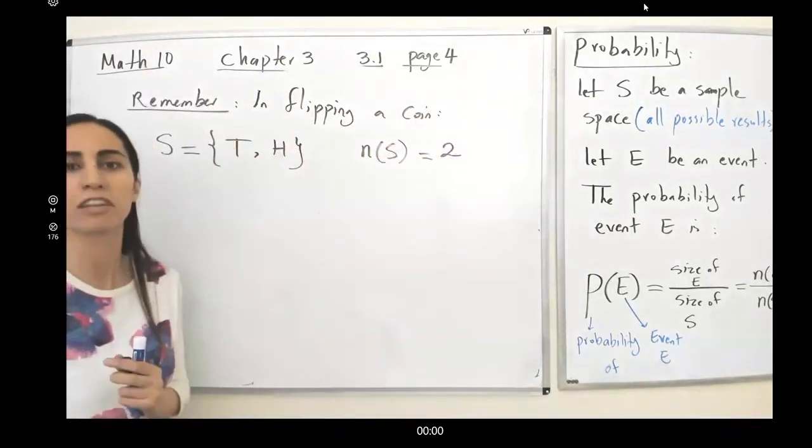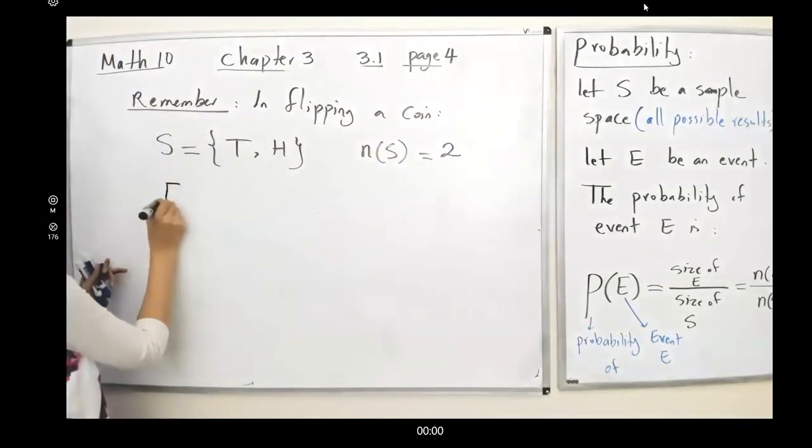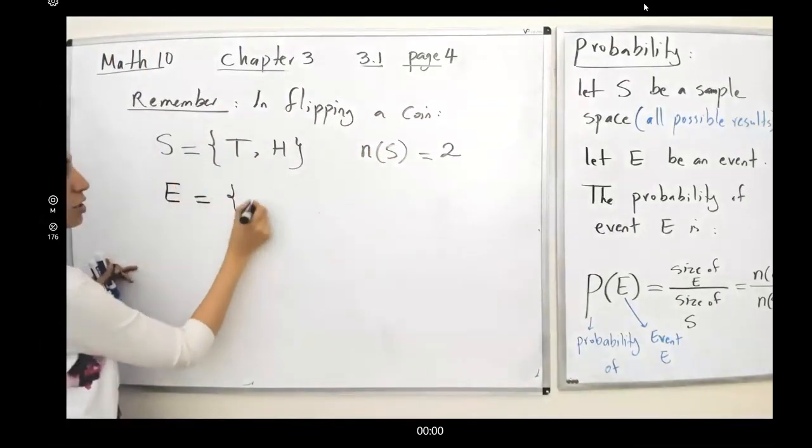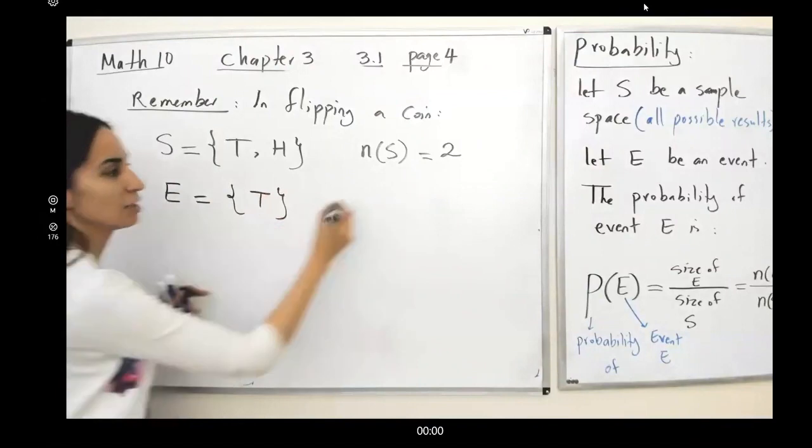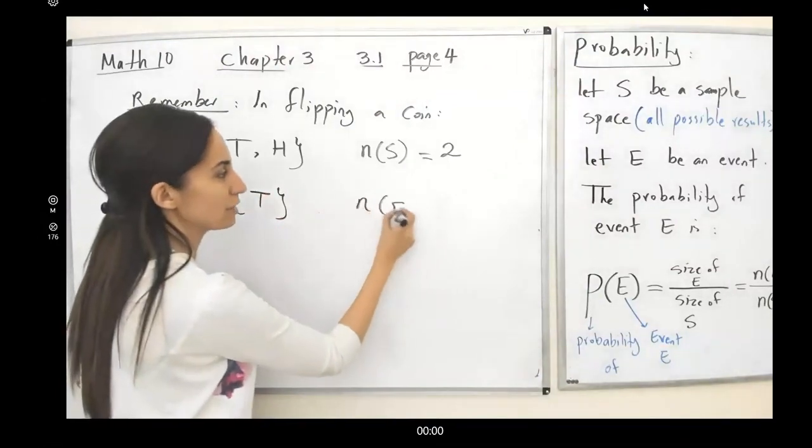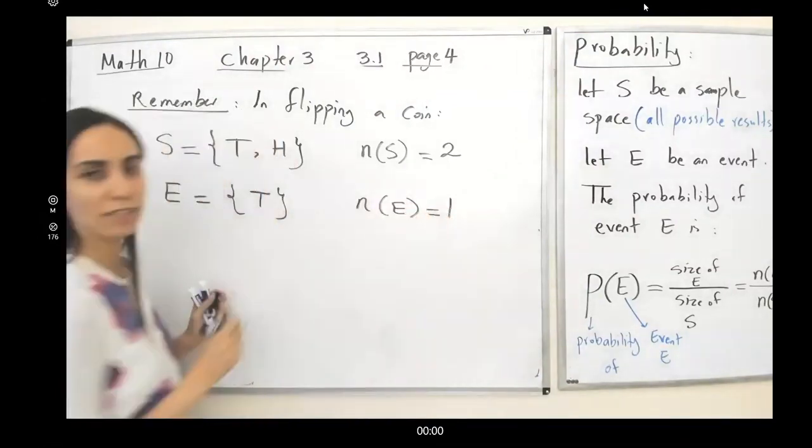You have different events. For event E equals just having tail, the size of this event is equal to 1.